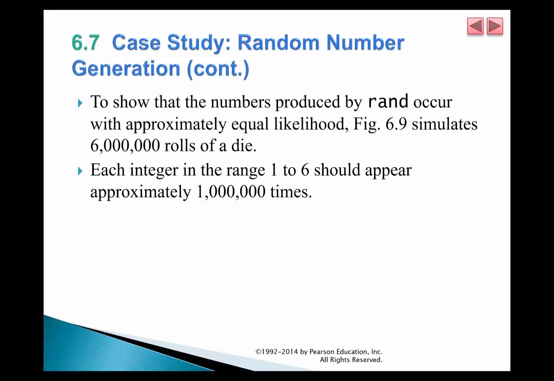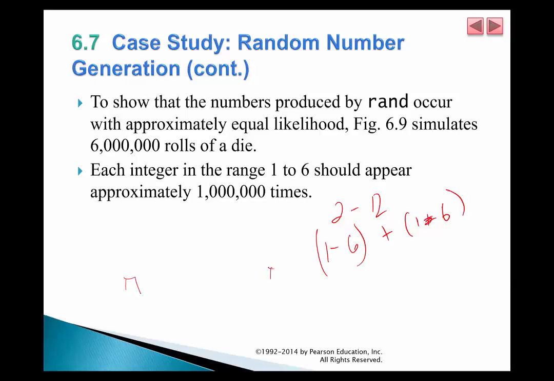Now, one of the things to keep in mind is that if I throw 2 dice, I don't have a random number between 2 and 12. I have 2 random numbers between 1 and 6. To get a 2, I have to have a 1 and a 1.